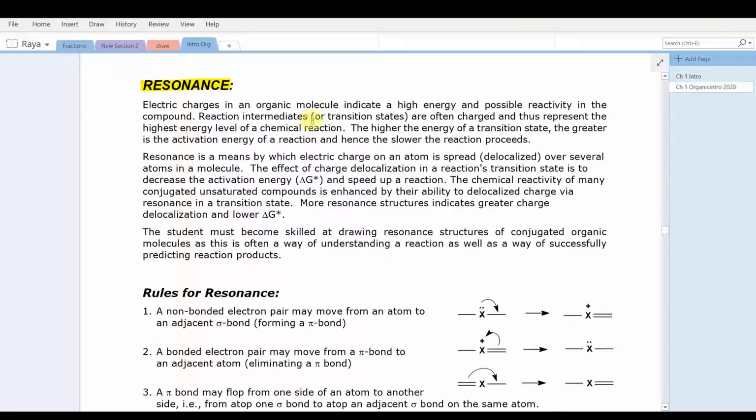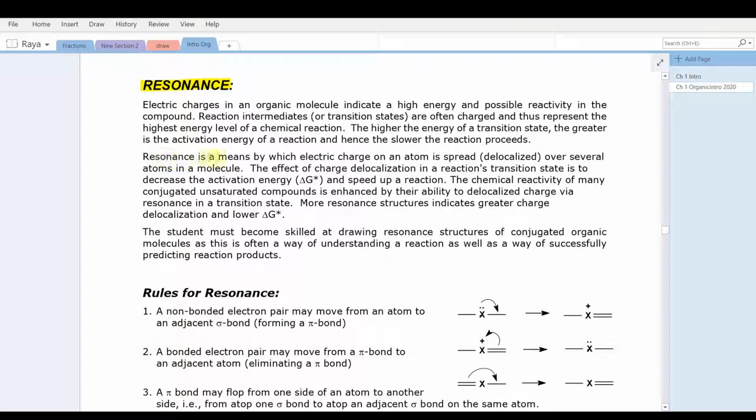Reaction intermediates or transition states are often charged and thus represent the highest energy level of a chemical reaction. The higher the energy of a transition state, the greater is the activation energy of a reaction. It's like an energy hill that has to be climbed by each molecule before reaction can occur.